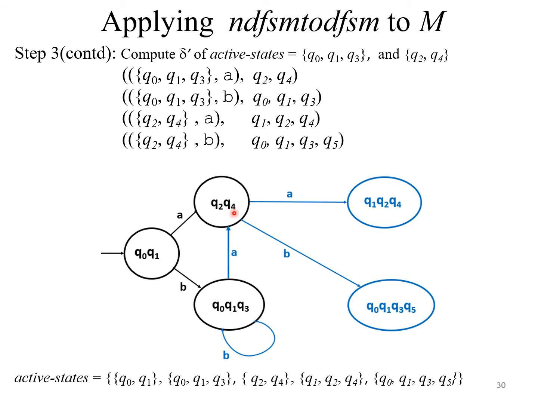Similarly, q2, q4 on a going to a new state q1, q2, q4, and on b going to another new state q0, q1, q3, q5. So totally as of now we have come across 5 active states, and the next step is to compute the delta transitions for the new active states generated, q1, q2, q4 and q0, q1, q3, q5.